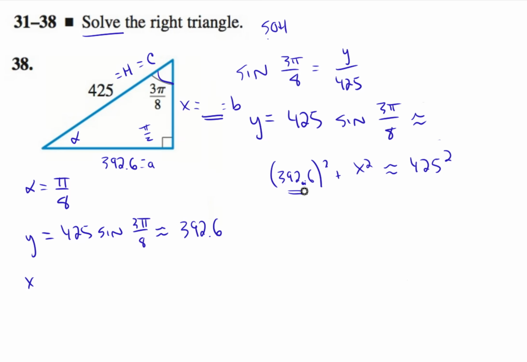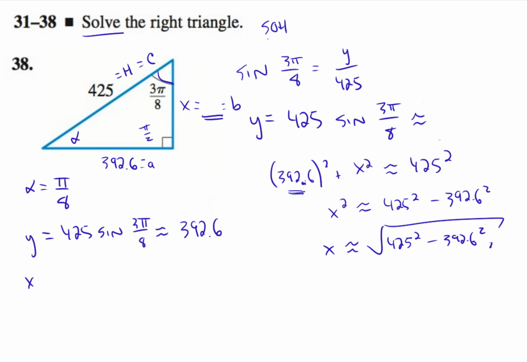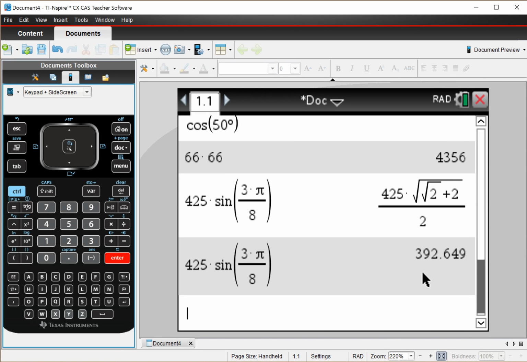I can use my calculator's last answer to make this a little better. So x squared is approximately equal to 425 squared minus 392.6 squared. So x is approximately the square root of 425 squared minus 392.6 squared. So I'm going to go on my calculator.